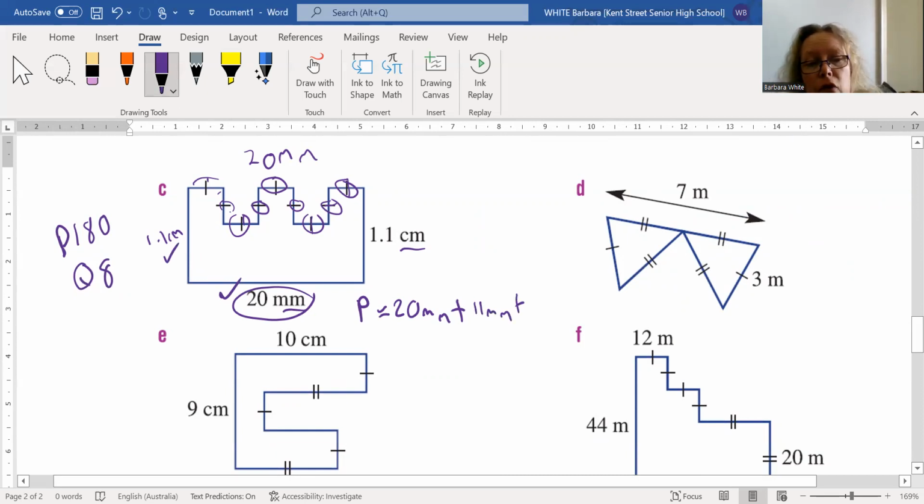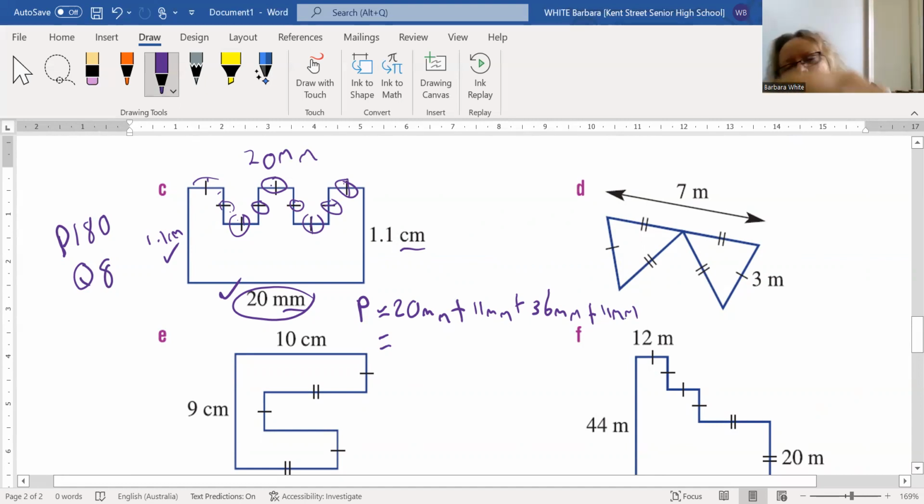Plus, each of these is 4. 1, 2, 3, 4, 5, 6, 7, 8, 9. 9 fours are 36. I'm just going to write that. It's going to save me a bit of writing. And I'm going to do another 11 millimeters. And then underneath you write equals and you add them all up. I'll let you do the adding up.